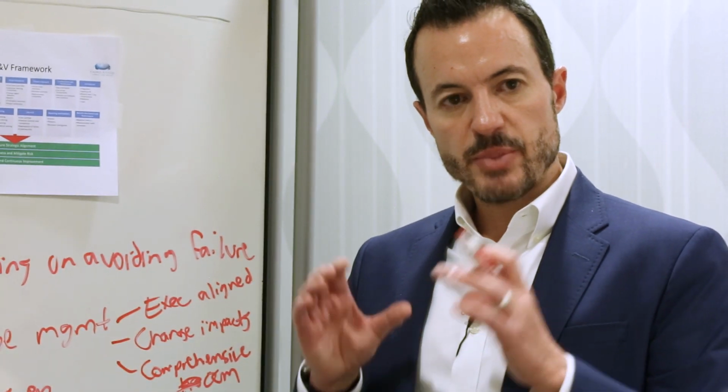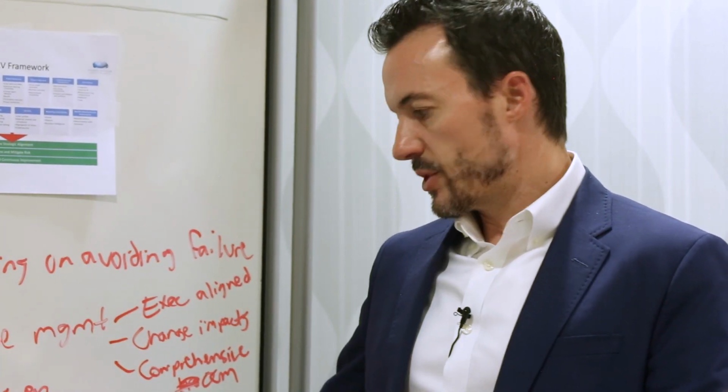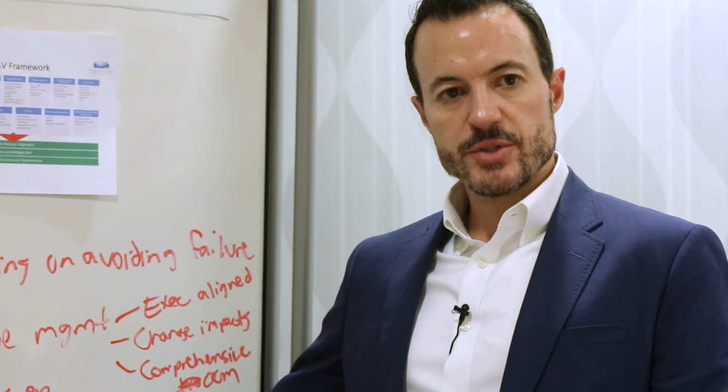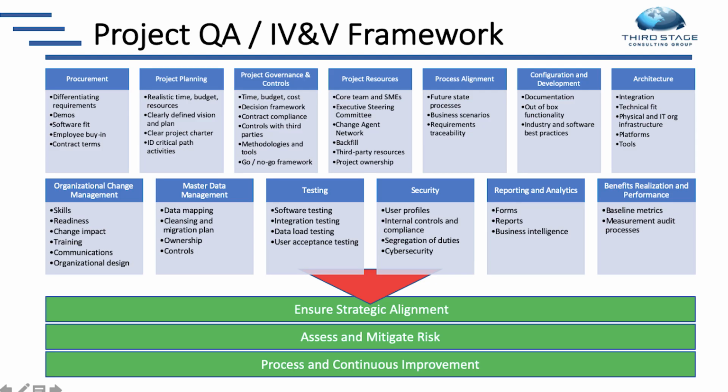So having an independent and agnostic view of where the risks are and how we can ensure quality throughout the entire implementation is critical. So when we talk about QA framework, I wanted to give you an example here. I've included a screenshot of it here that talks a bit about what we mean by quality assurance. What are some of the things that a quality assurance framework should be considering?